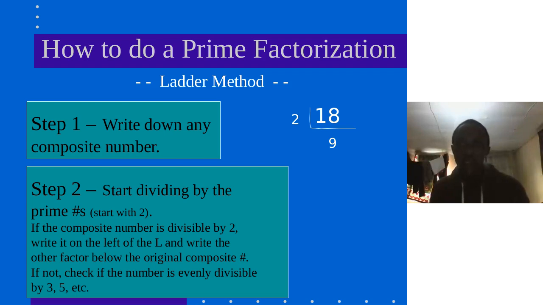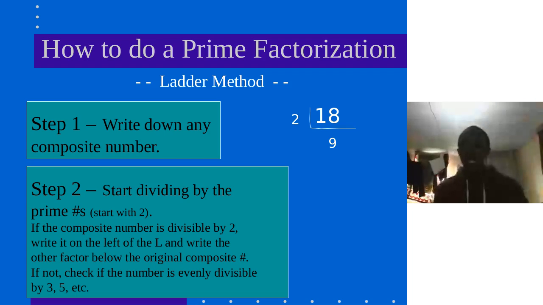Step 1, write any composite number, a number that has more than 2 factors. For instance, I choose 18. It has more than 2 factors.